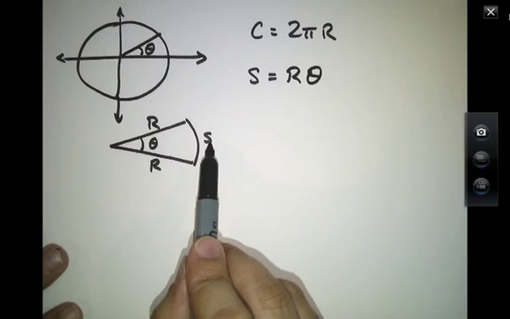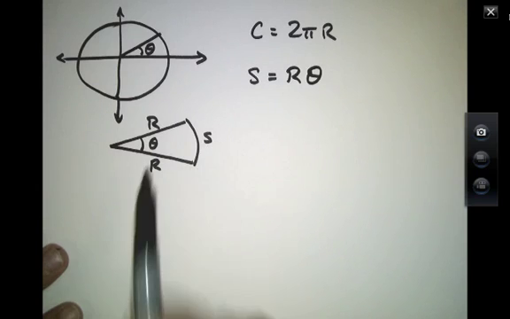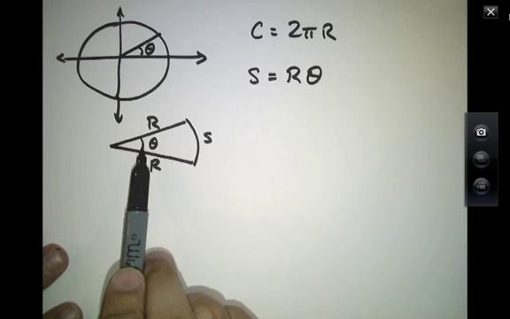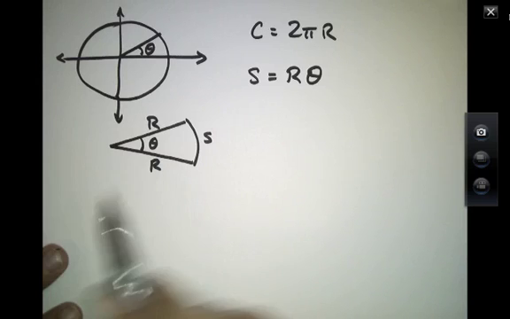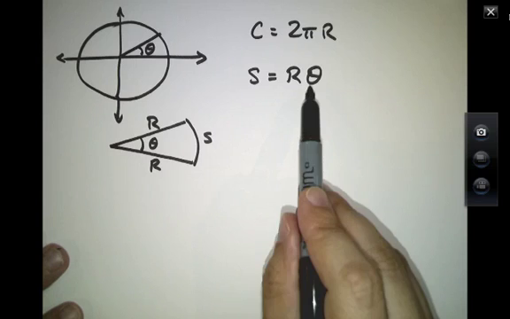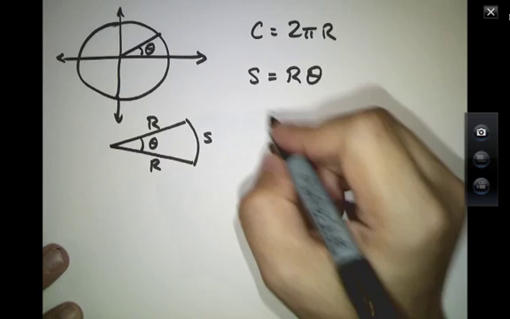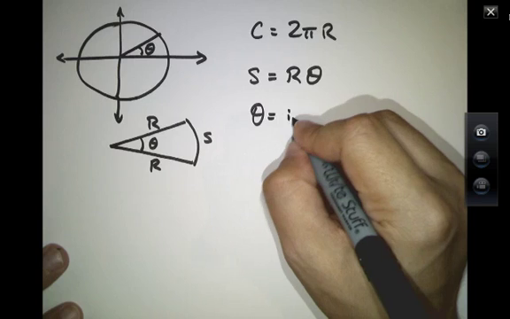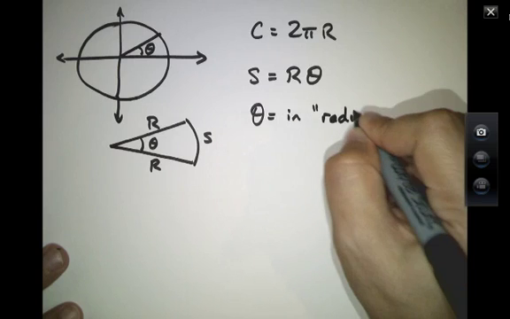Clearly this length gets large if r gets really big, and it gets big if theta gets really big. Well, this relationship works as long as theta is measured in what's called radians.